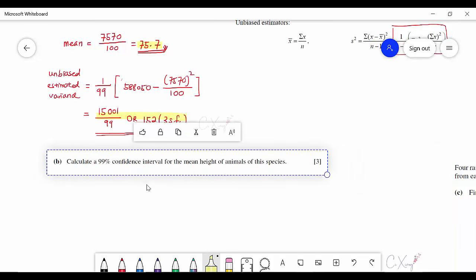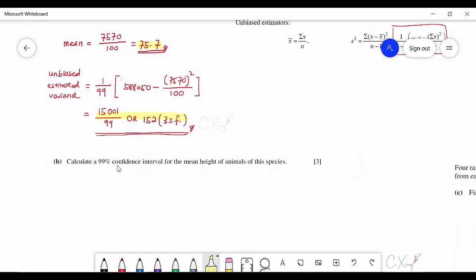Okay, so for part B, they want you to calculate a 99% confidence interval for the mean.